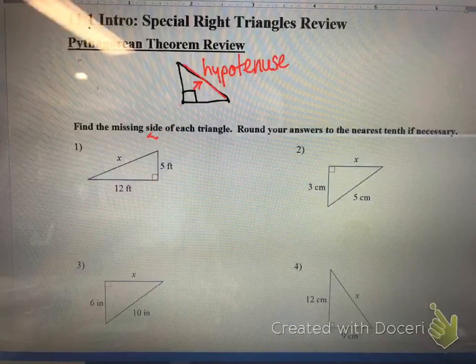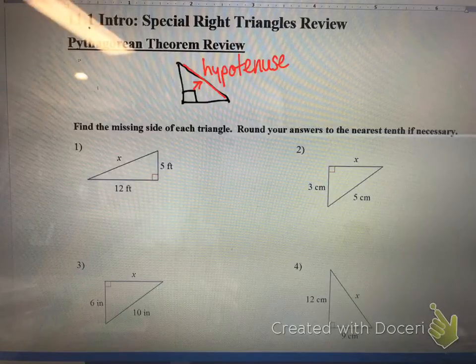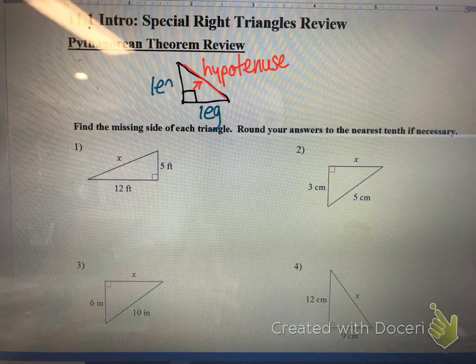Now the other two sides, we just have one name for them. We call them both the legs of the triangle. So this is one leg, and this is the second leg.